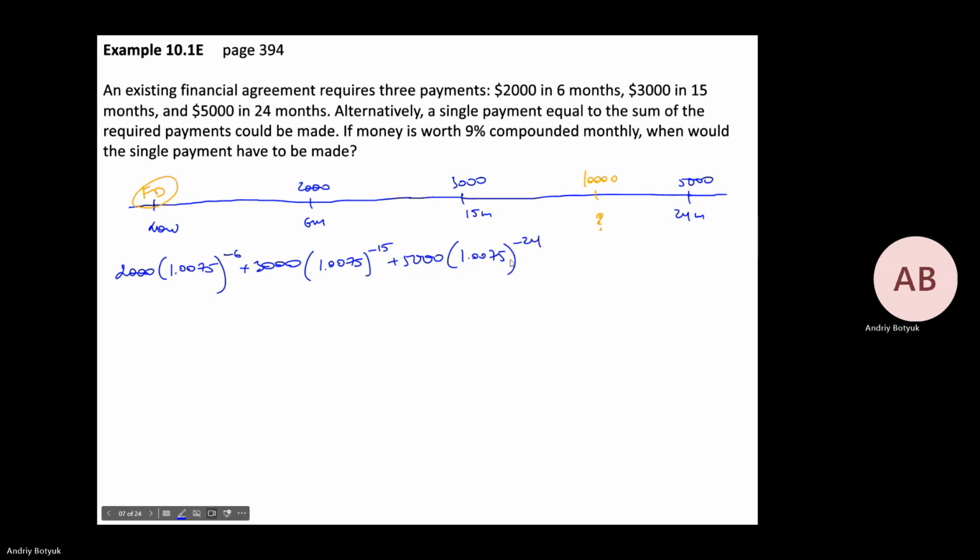Agree? It has to be equal to $10,000. And here I have minus n. Let's calculate everything what we can.